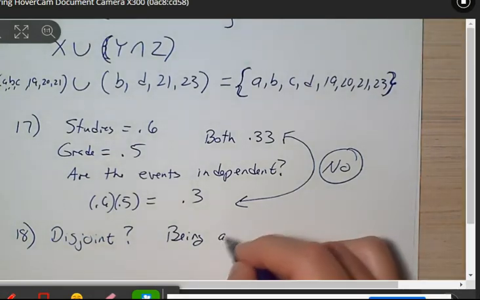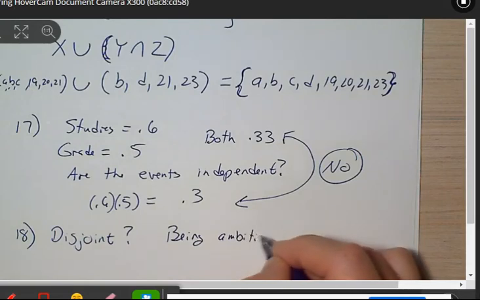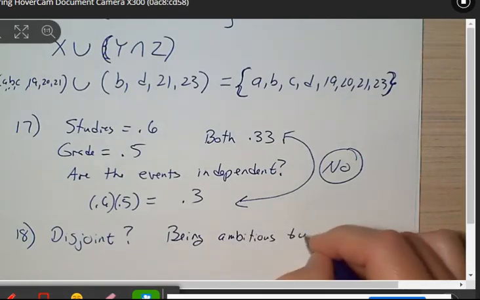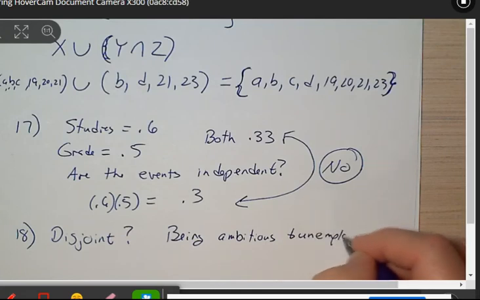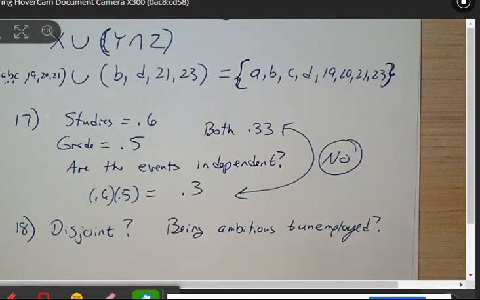Being ambitious and being unemployed. So, I mean, obviously, again, you can be ambitious and be unemployed. So they ask, are these two things disjoint? No, they're not. They are not totally separate.